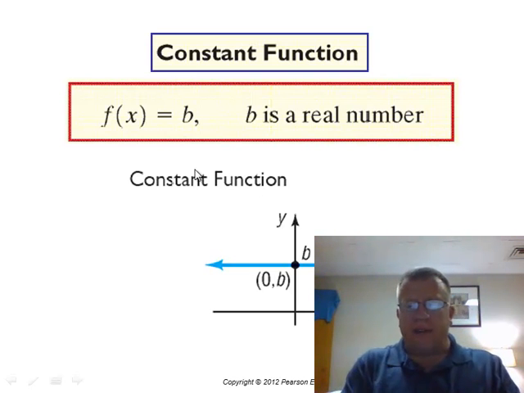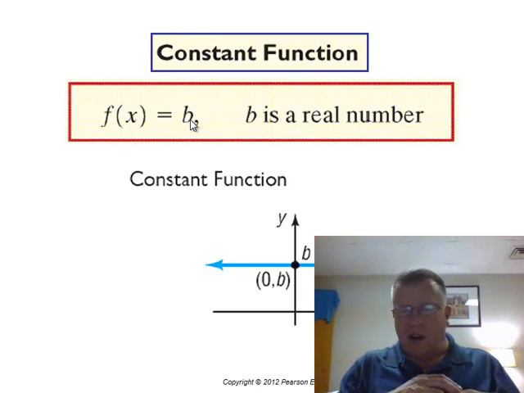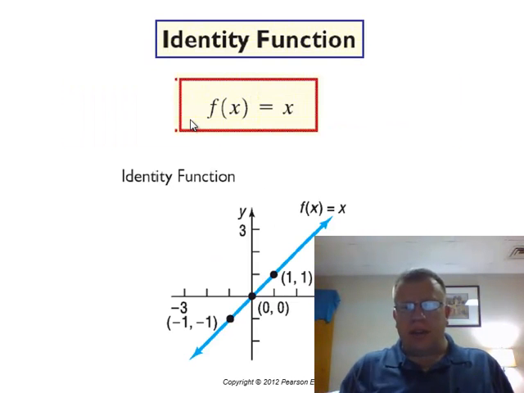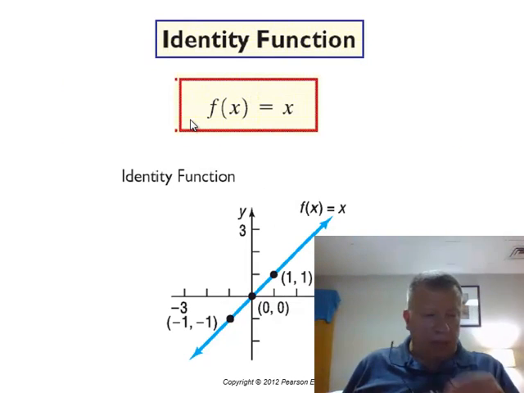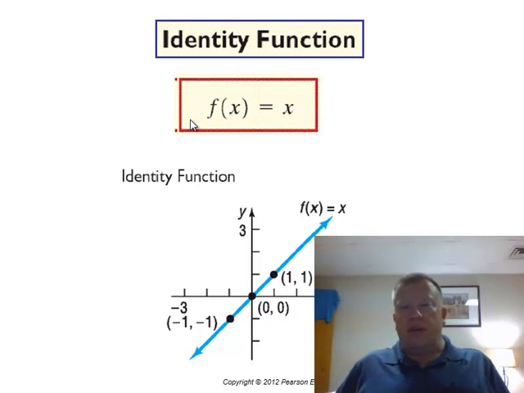And the graph is going to be a nice horizontal line, of course, with the y-intercept being that number that the function is always going to be. It's a constant function because regardless of what x is, the function's value is always going to be the same, whatever b is.